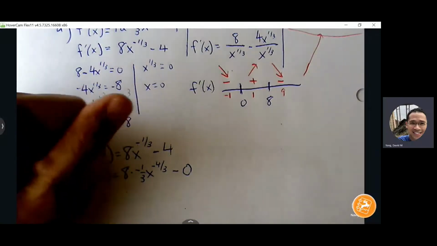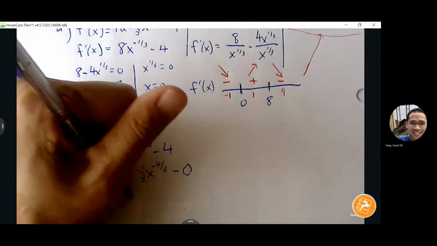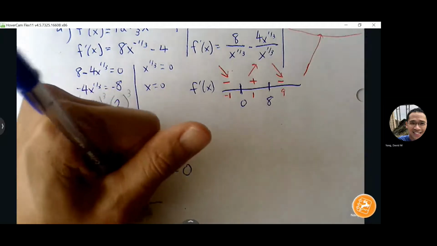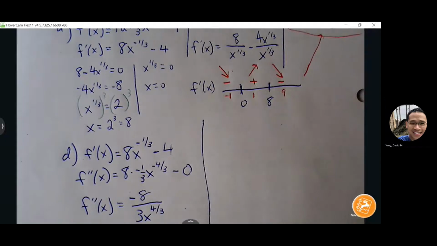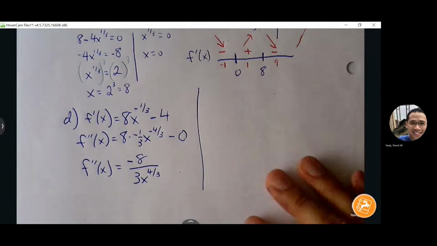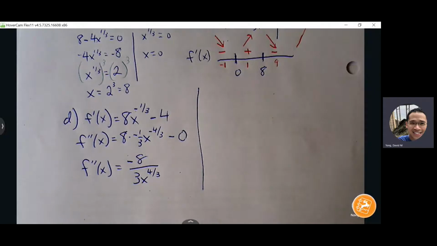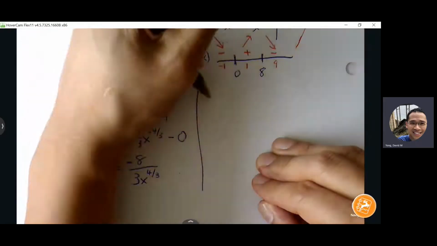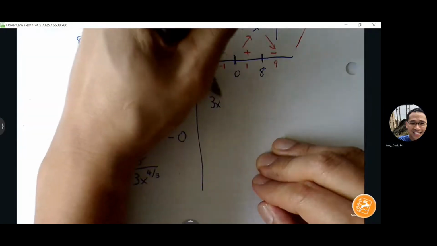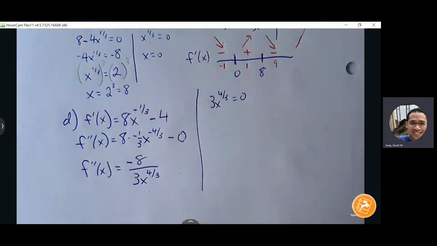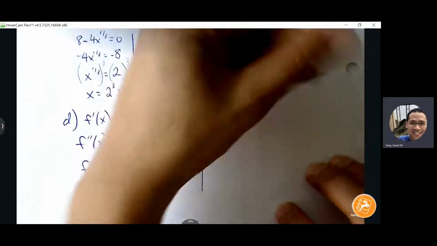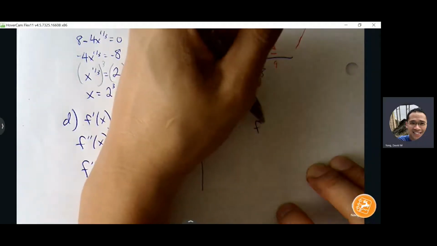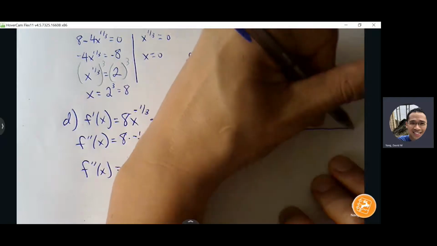Clean up that fraction there. Okay, set the numerator and denominator equal to 0, but the negative 8 equals 0 doesn't make any sense. It's just that denominator, x to the 4/3, equal to 0. And divide by 3, raise both sides to 3/4. That should be pretty obvious that it's just going to be x equals 0. And that's the only value that we're going to place onto our second derivative sign line.